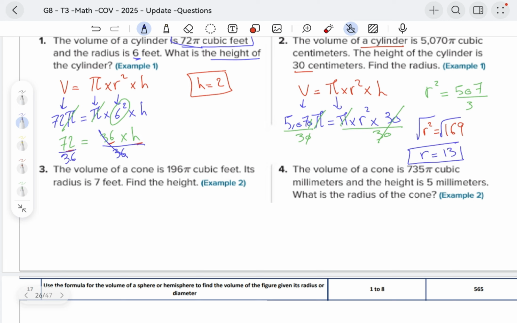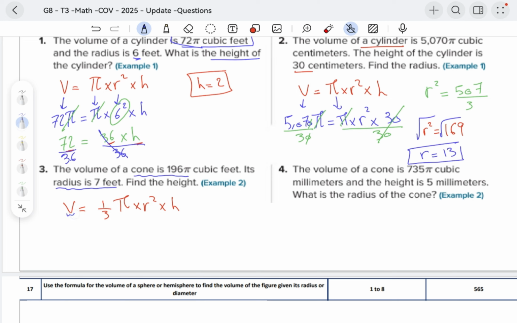Now let's go for question number 3. Here they gave me the volume of a cone, 196 pi cubic feet, and they gave me the radius, 7 feet. Find its height. So first step is to write the formula of a cone. The volume of a cone is 1/3 the volume of a cylinder, pi times the radius squared times the height. The second step is to substitute.